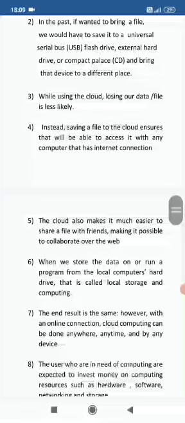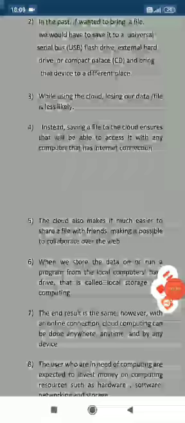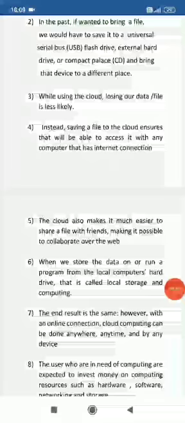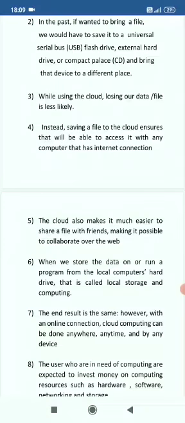Instead, saving a file to the cloud ensures that we'll be able to access it with any computer that has an internet connection. For example, use a cloud application like Dropbox. The cloud also makes it much easier to share files with friends, making it possible to collaborate over the web.